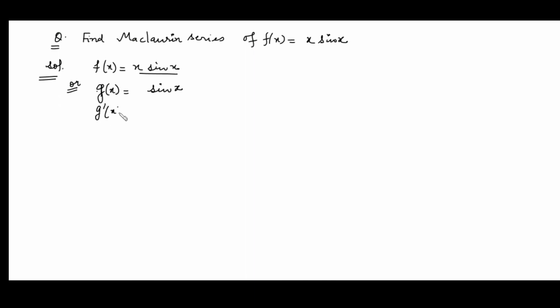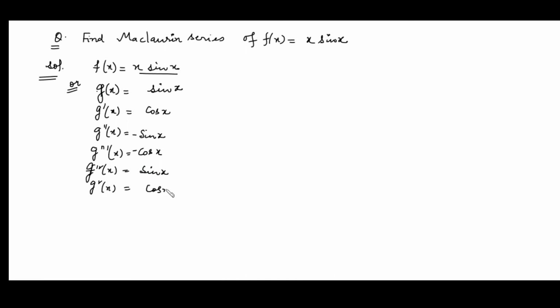We can find out the Maclaurin series for sin x. What is the first derivative of sin x? It is cos x. Second derivative is minus sin x. Third derivative is minus cos x. Fourth derivative is sin x. Fifth derivative is cos x.